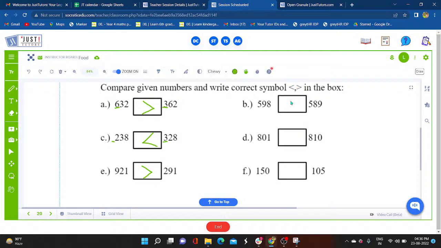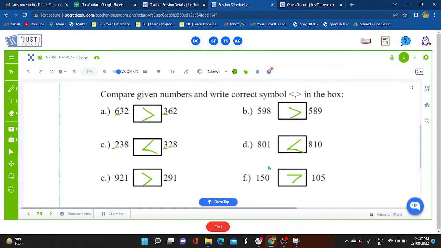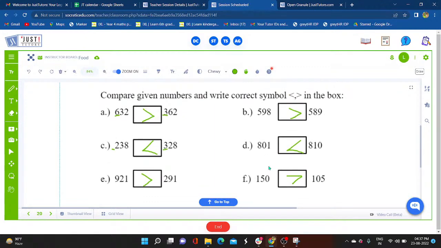So 598 is bigger. 810 is bigger because it is more than 801. 150 is bigger because it's more than 105. So this is how we arrange the numbers and this is how we compare them.